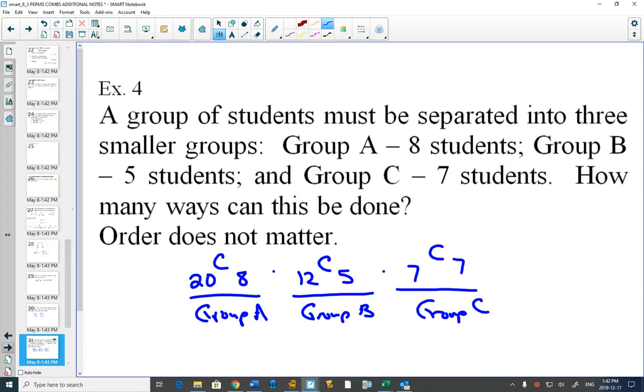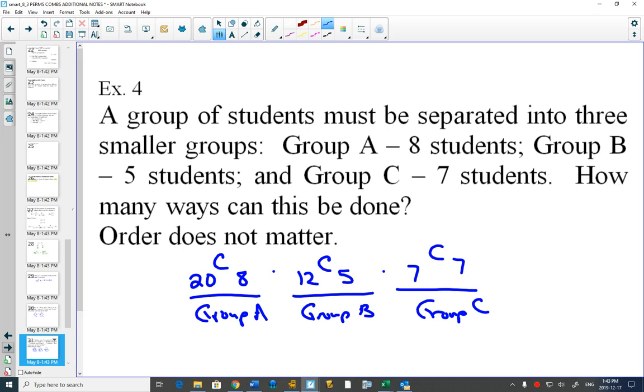If this is supposed to count all the possibilities of group A, group B, and group C, does everybody have a chance to be in group A? Yes, 20 choose 8 counts all the different groups of 8. Everybody has a chance to be in group A. They also have a chance to not be in group A, which gives them a chance to be in group B. And everybody has a chance of not getting chosen here or there, which would land them in group C.